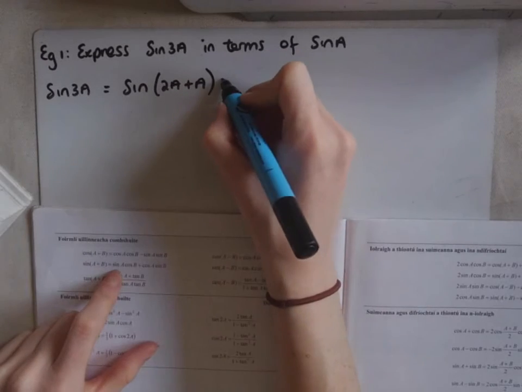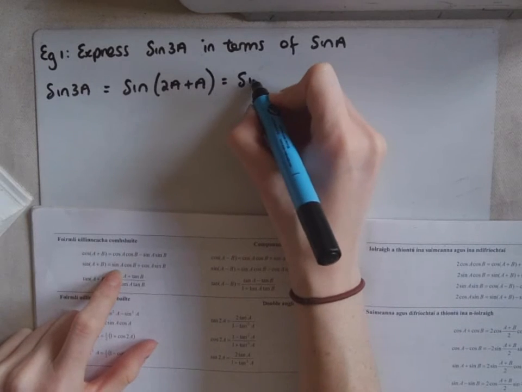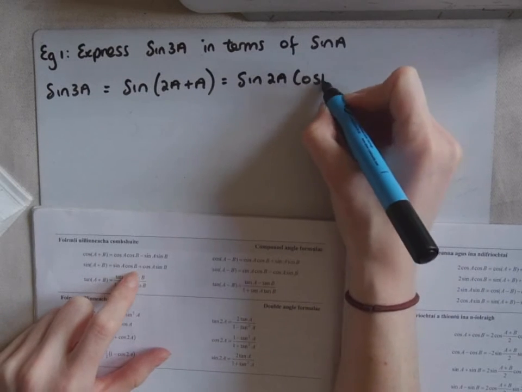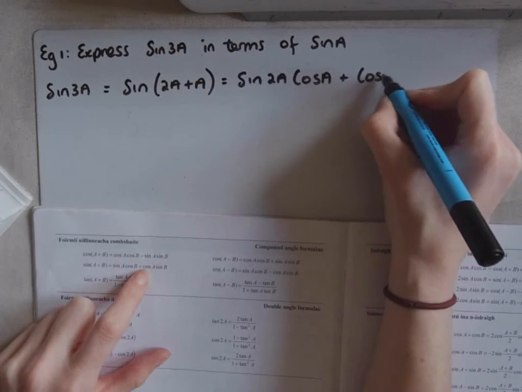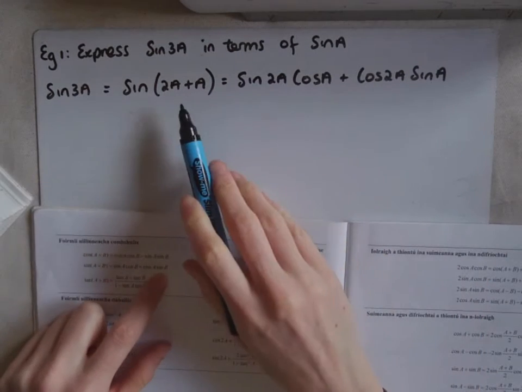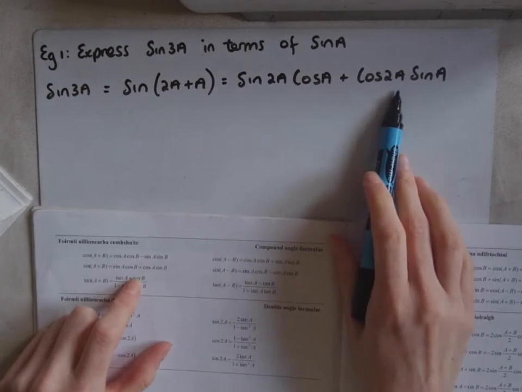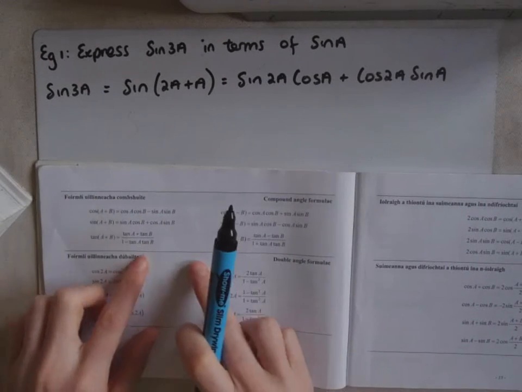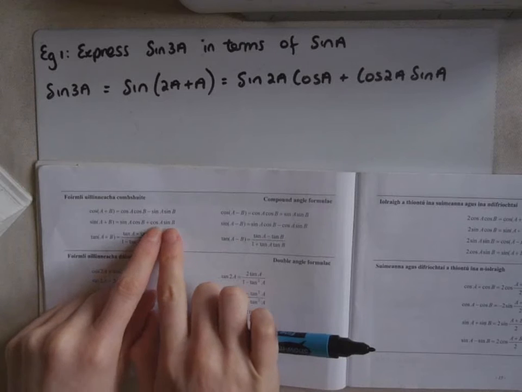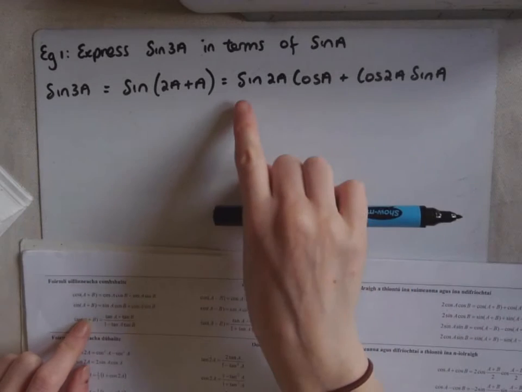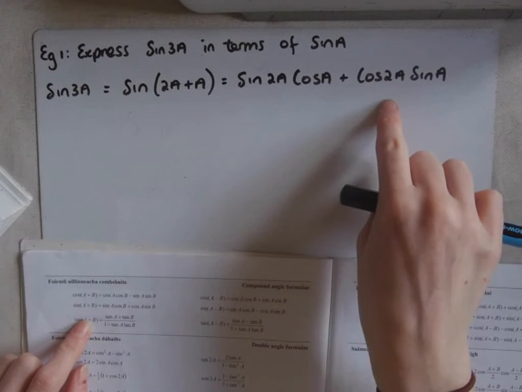So that is sine a cos b plus cos a sine b. Anywhere I have a, I'm replacing it with 2a. Anywhere I have b, I'm replacing it with a. So you're just using that formula, sine of a plus b. So I have sine 2a cos a plus cos 2a sine a.